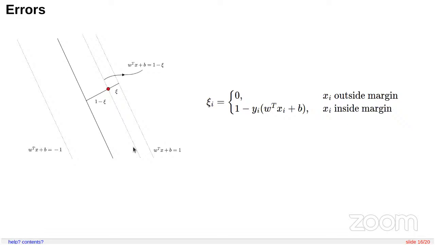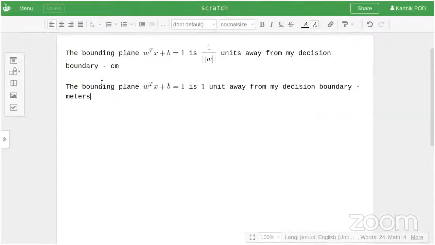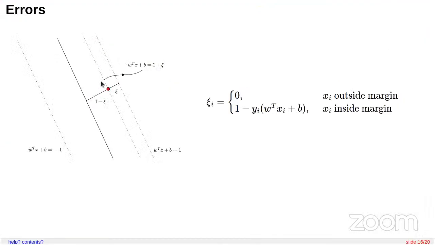So wait one second. See, YA is plus 1. Okay. So see, the reason we are penalizing points is I want to keep my boundary kind of free of points, right? This is coming from the hard margin case where I didn't allow any points to fall within these two bounding planes, right? So I'm going to start penalizing right from here. Ideally, you're right.